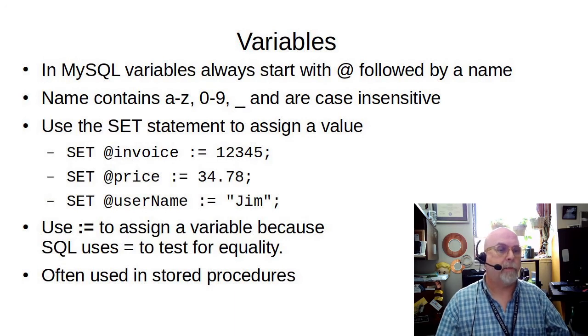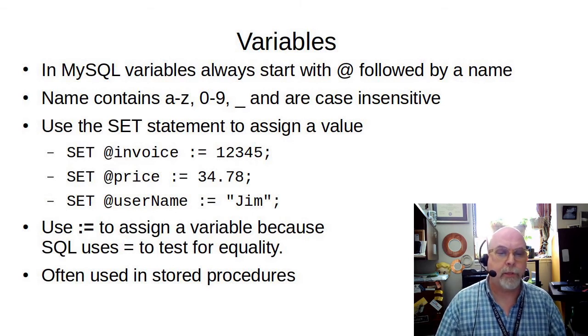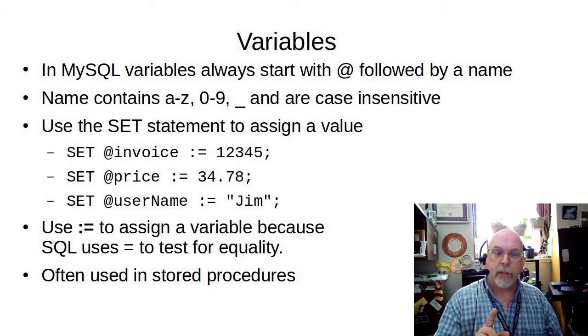the same variable. We can use the set statement to set a variable, and you can see here are three examples: setting a variable called invoice to the number 12345, set price to 34.78, and setting username equal to Jim. Pay careful attention that the operator to do the setting is not the equal sign, but it's colon equal.